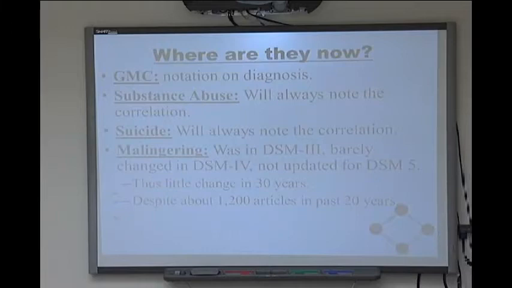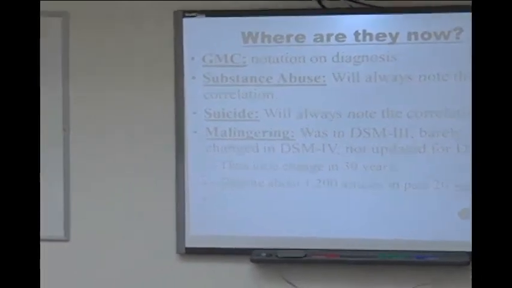Substance abuse is now, throughout the DSM, going to be noted for its correlation with specific diagnoses. So if, for example, you look up panic disorder, in the text it will give you information about whether panic disorder is correlated in general with substance use.